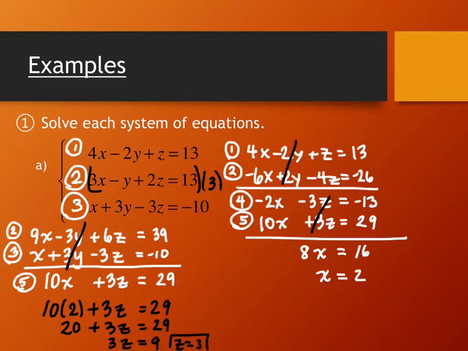And any of the equations 1, 2, or 3 will do that for me, right? So let's pick one. Which equation would you like to use? 2? All right. Equation number 2 has 3 times x, so that's 3 times 2, minus y, plus 2 times z, which is 3, equals 13.